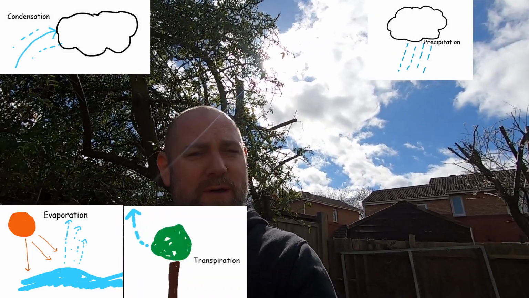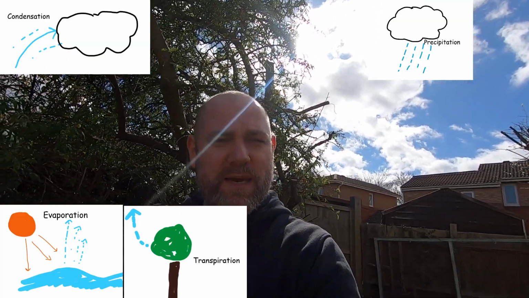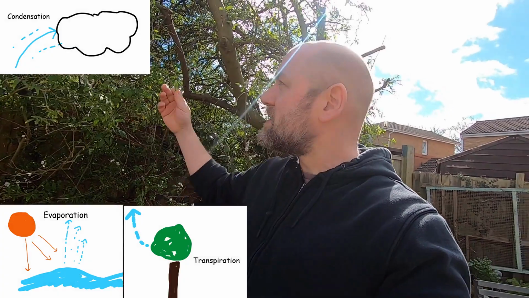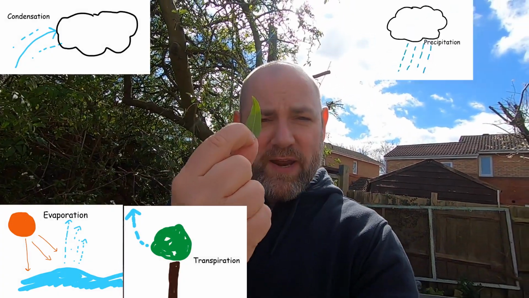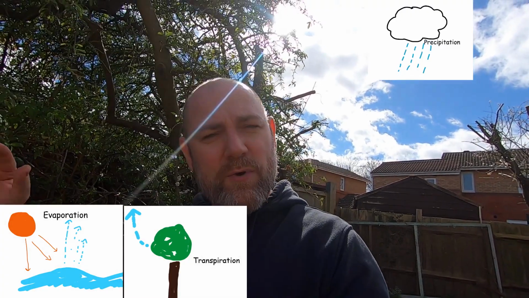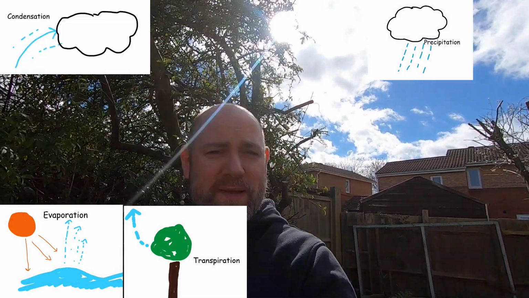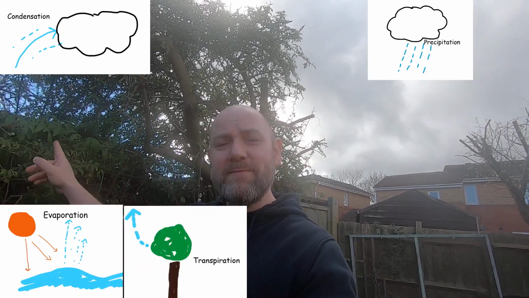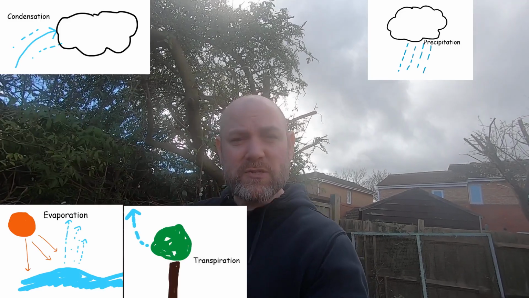So it's a cycle. The rain comes down in precipitation. The trees suck up the water by osmosis into their roots. And then through transpiration, through the stomata in the underneath of a leaf, the water evaporates and goes back up into the clouds. So we have 4 processes. We have evaporation of water from the leaves of trees, transpiration.